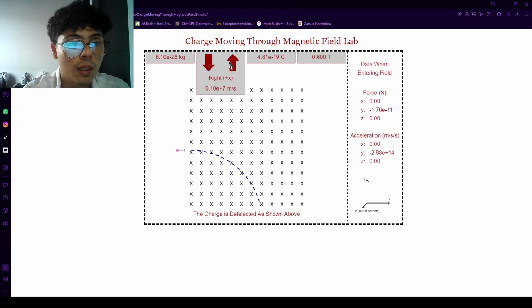On the right side, we can see the calculations performed by the simulator according to the states being evaluated for the particle: X, Y, Z, displaying the force and the acceleration of the particle.